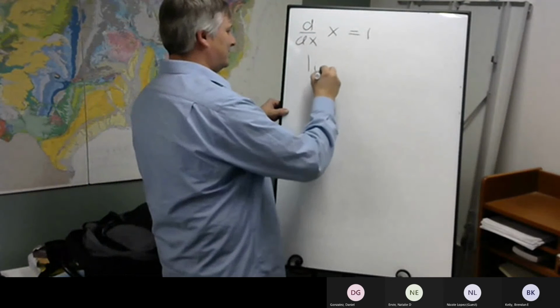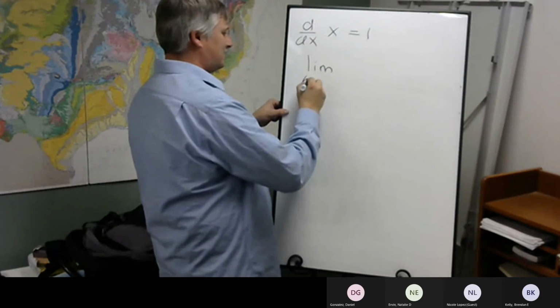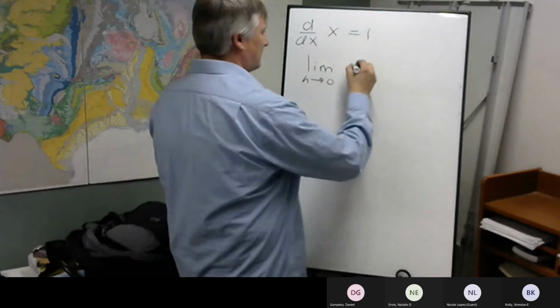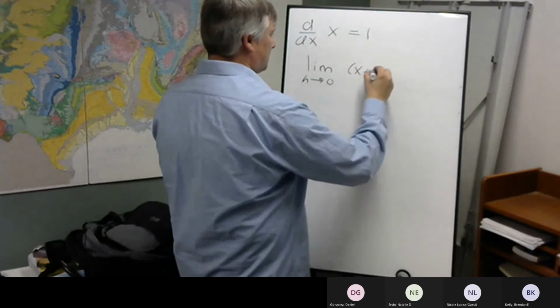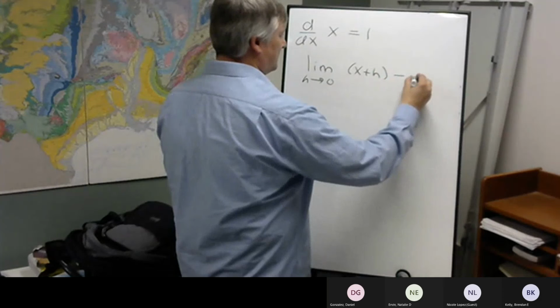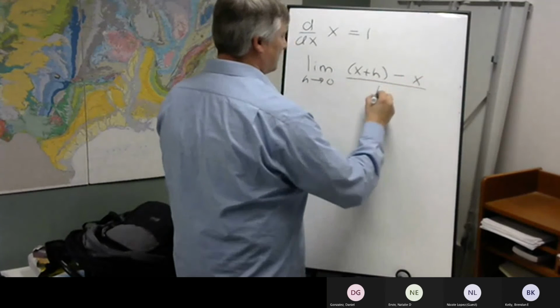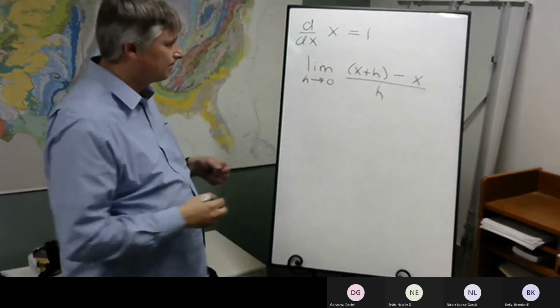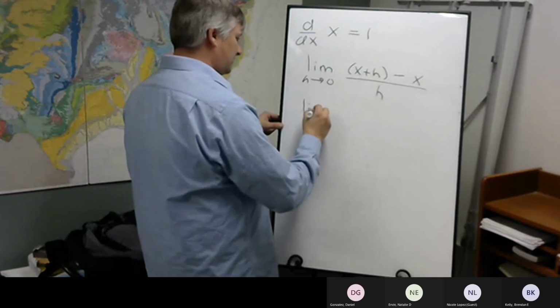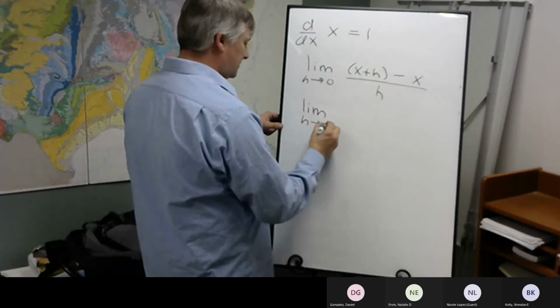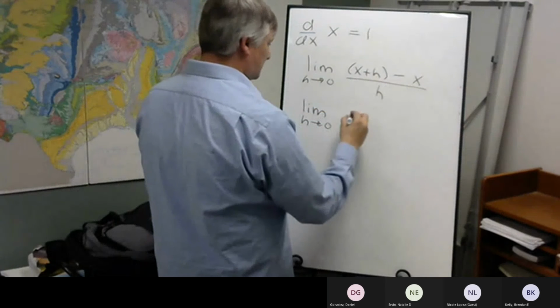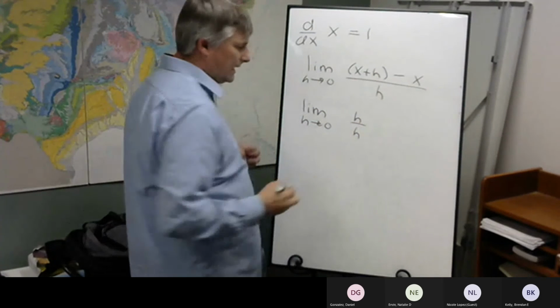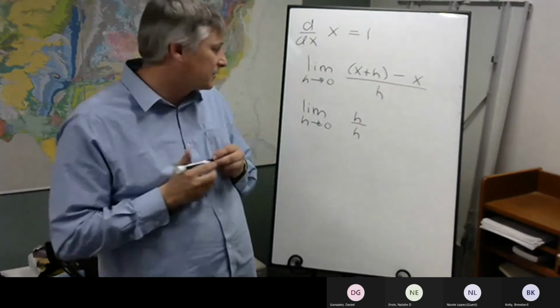So we're going to take the limit as h goes to 0 of x plus h minus x over h. So this becomes the limit as h goes to 0. These will cancel. We get h over h. And it looks like we're headed for 0 divided by 0.